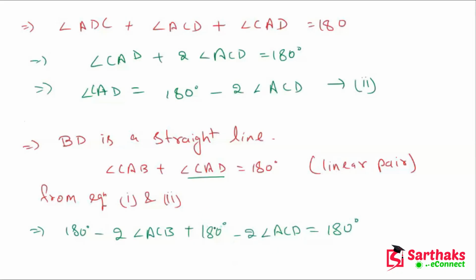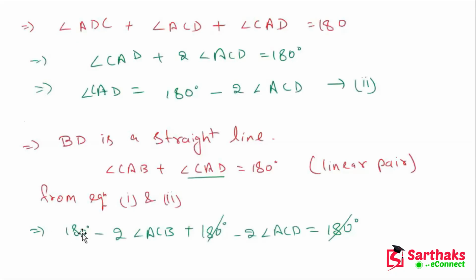Now this 180 degrees and this 180 degrees will cancel. So we get minus twice angle ACB minus twice angle ACD plus 180 degrees equals 0.